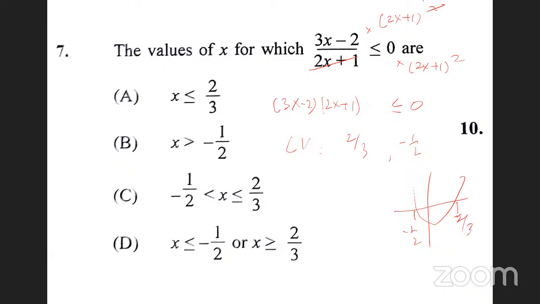So when you come here, you'll get minus a half and 2/3. Where do you shade for less than 0? On top or underneath? Underneath. So you shade here, you shade underneath. That is solving inequalities as well.